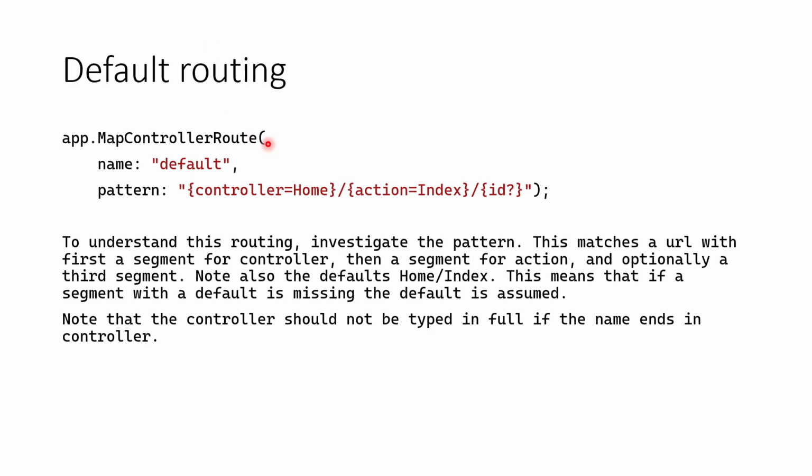I will show you an example later, but if you have more of these, they might overlap. You have to be careful with this. The system will choose the first one that matches. So it could be a problem.